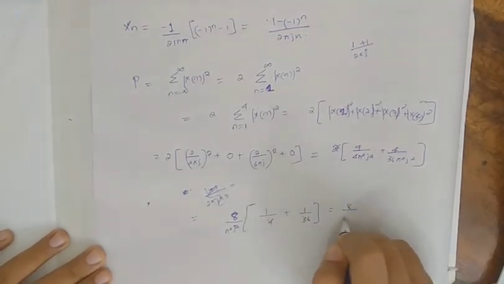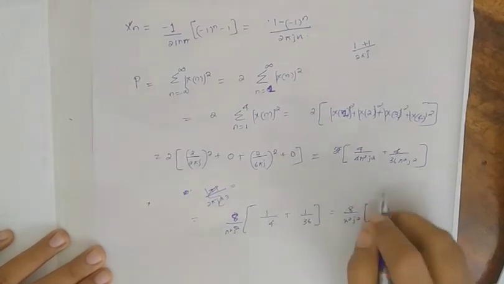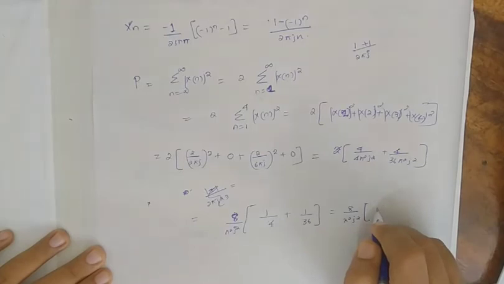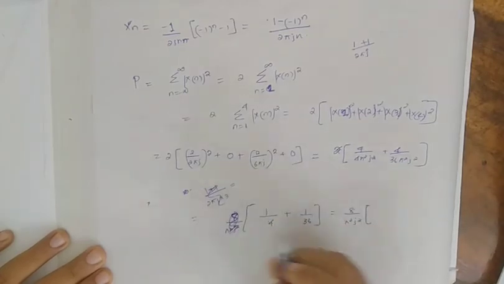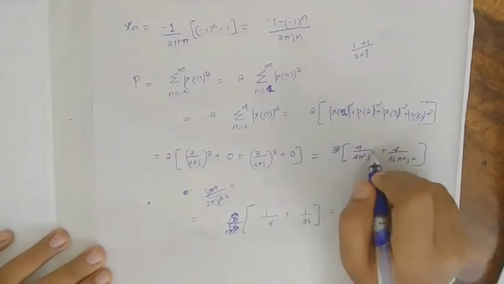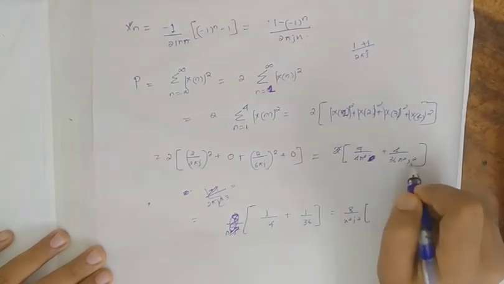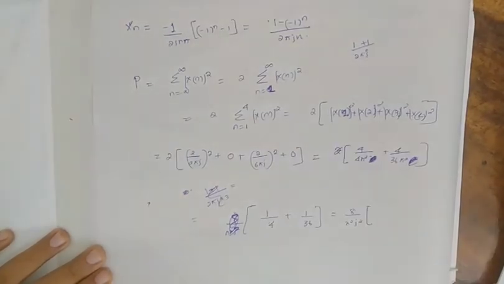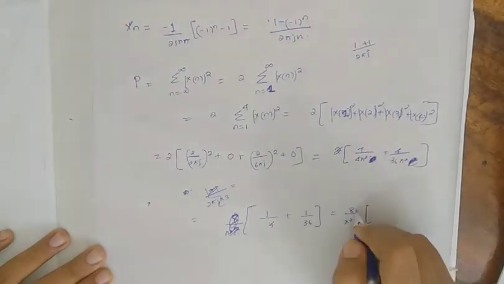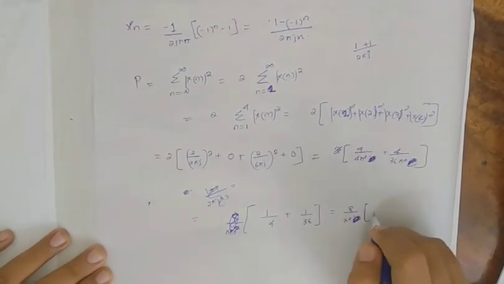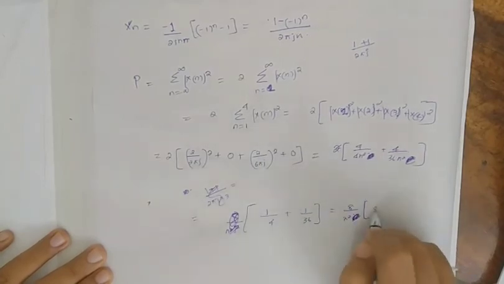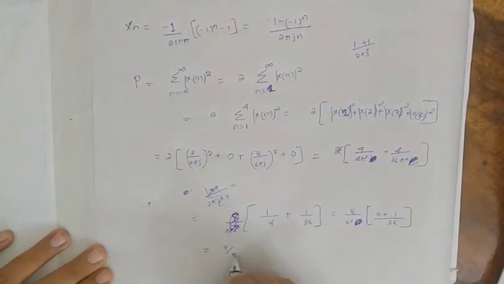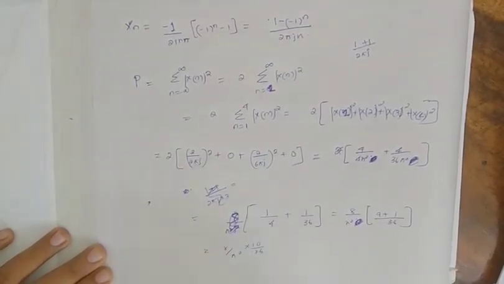Taking the LCM... One more thing I forgot: we are taking its modulus, right? So j² is equal to minus 1 and its modulus will be equal to 1 only, so no need to take this j². So what will be remaining is 8 divided by π² into 9 plus 1 divided by 36, so that is 8 by π² into 10 by 36.